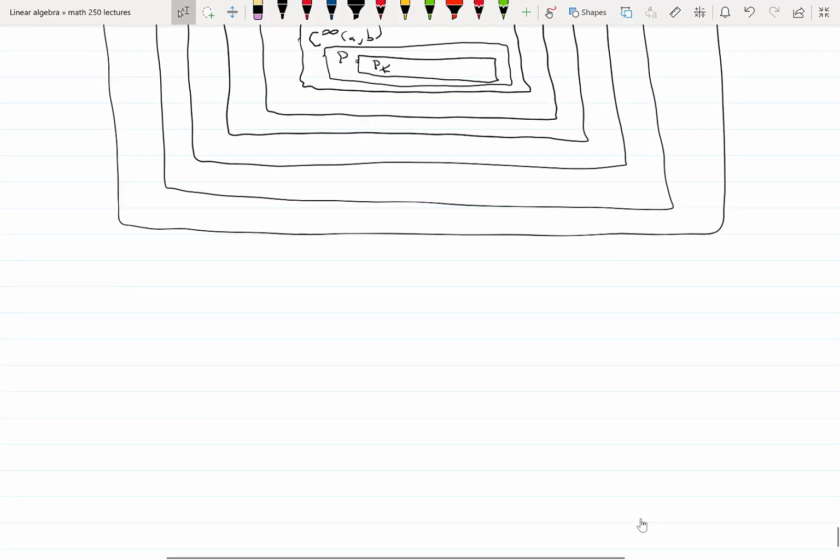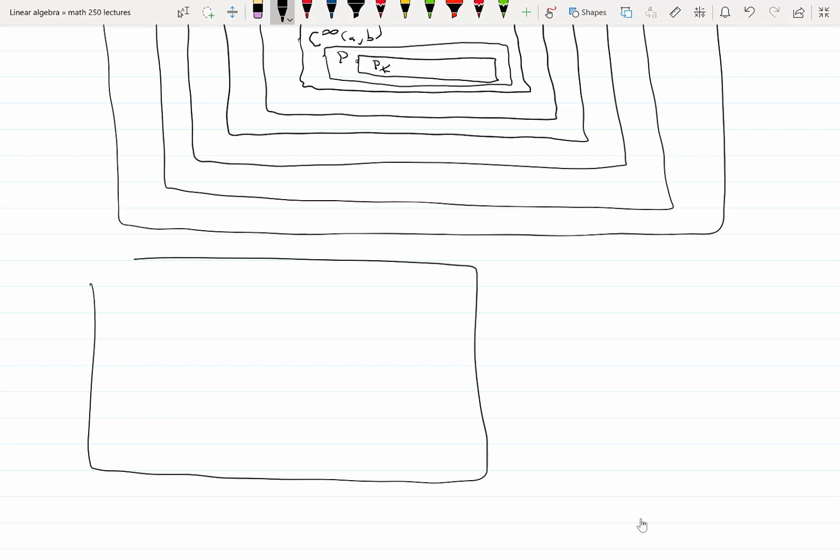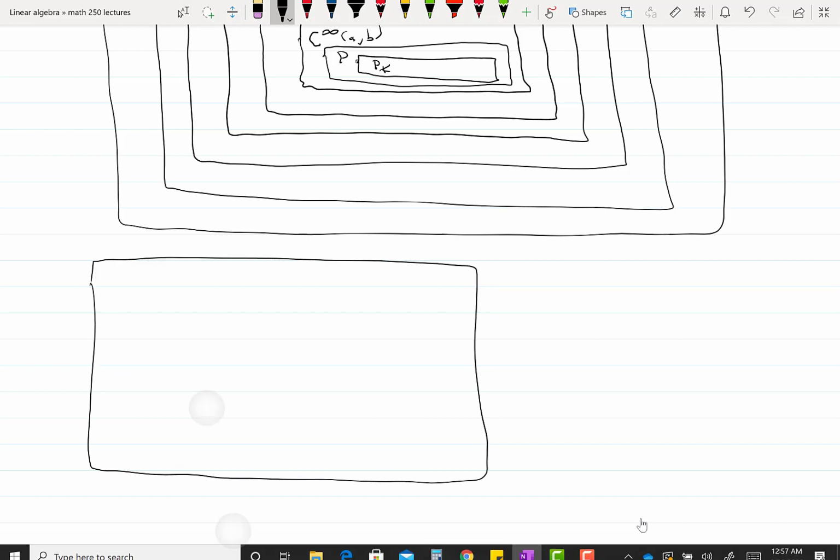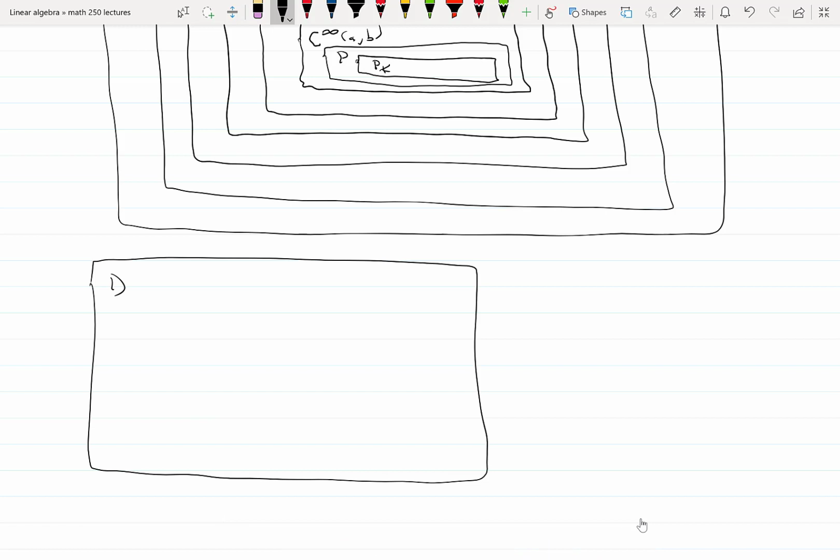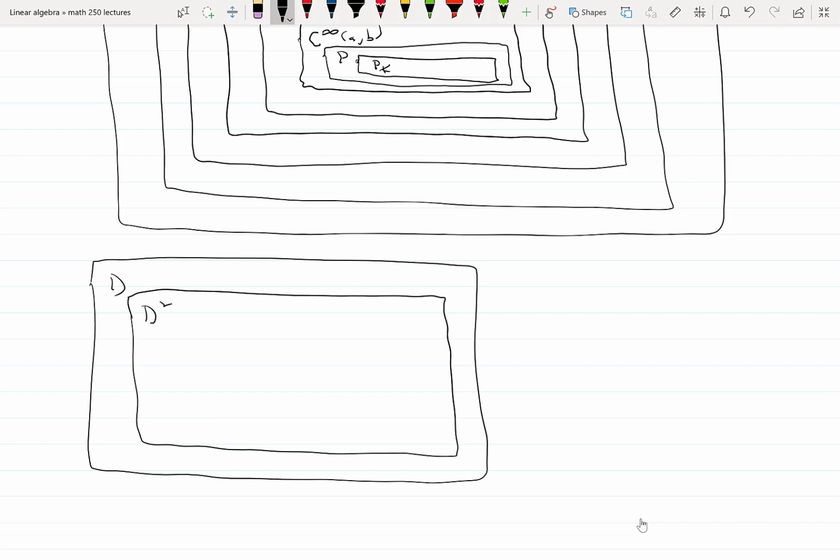Okay, as a sub-note here, let's take a look at how the D sets compare. D is the set of all functions that have a derivative. Inside of that set is D2, the set of all functions that have two derivatives.